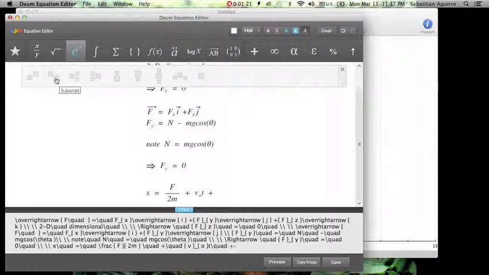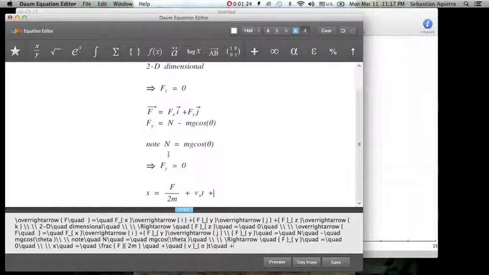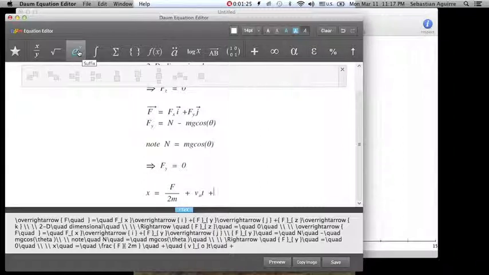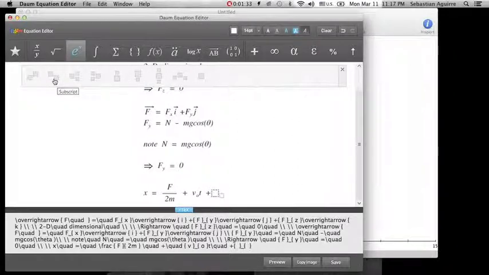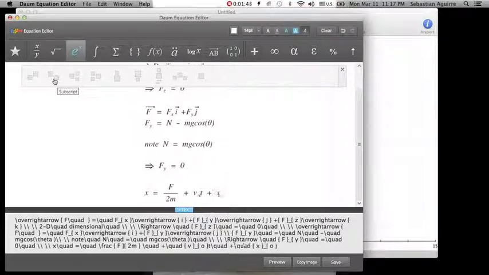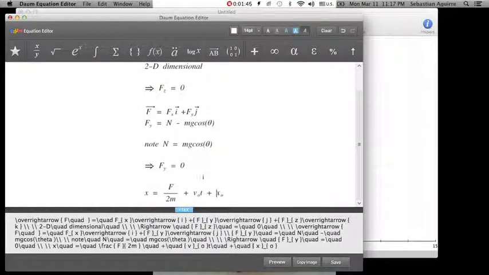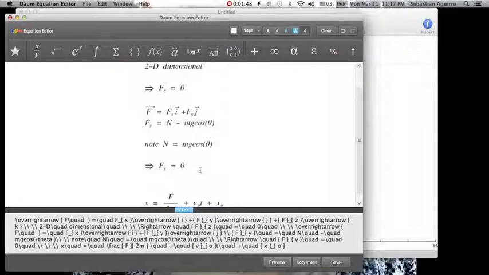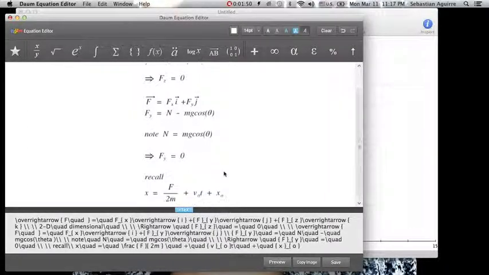I'll post all of these equations as PDFs in the comments for you to download if you want. I want to be as helpful with your physics knowledge as possible. So we recall from the previous derivation this handy-dandy equation.